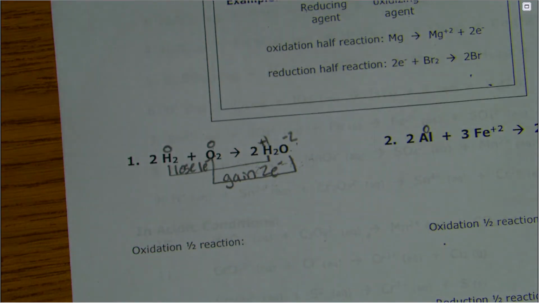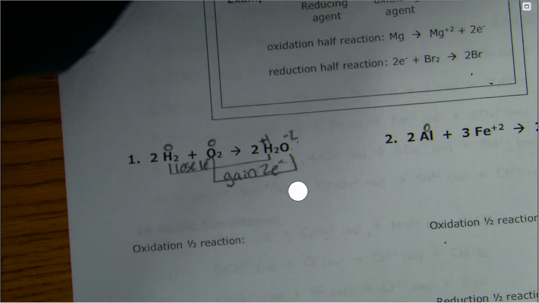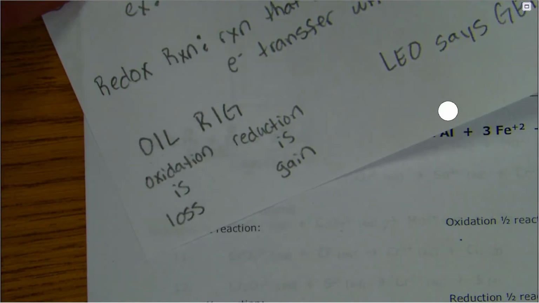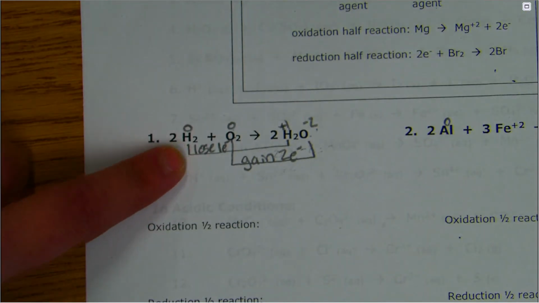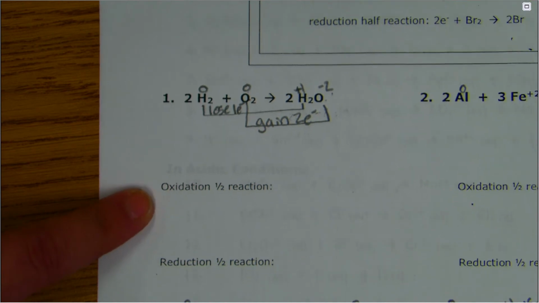All right, so if OIL RIG, oxidation is loss, which one is losing electrons? That is the hydrogen. So the hydrogen is my oxidation.